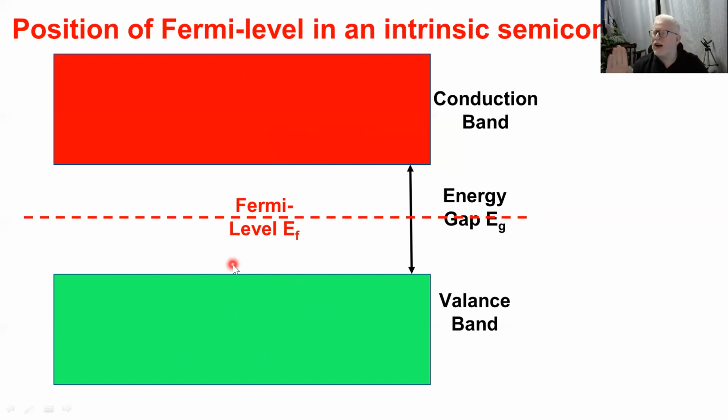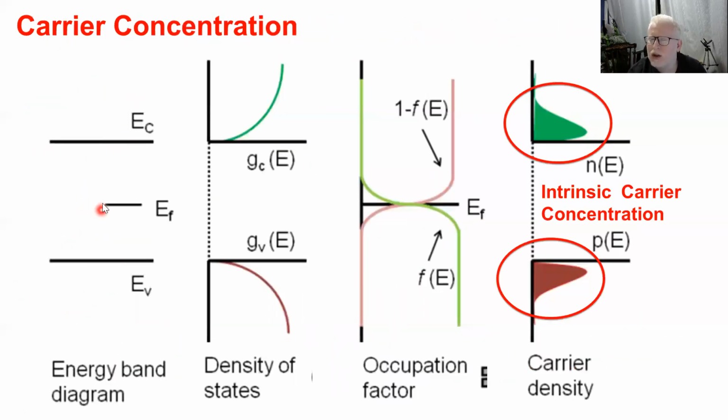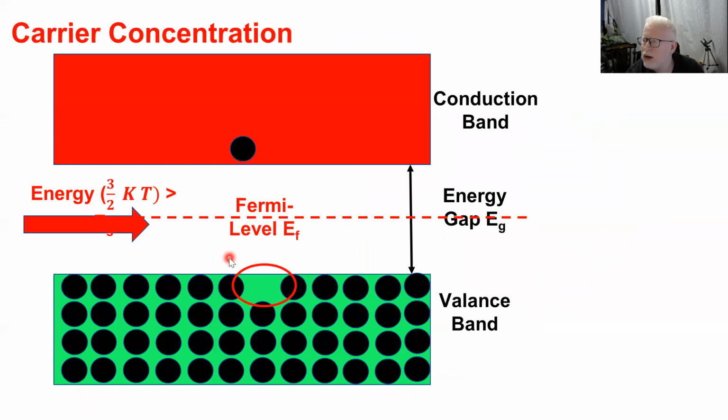Here you should stop me and ask, this is not possible, because as we know, for every electron coming from the valence band to the conduction band, a hole is created. So logically speaking, the number of electrons in the conduction band should equal the number of holes in the valence band.